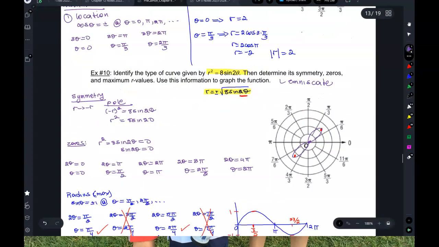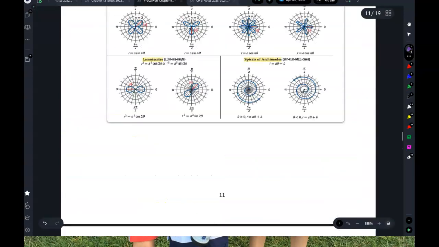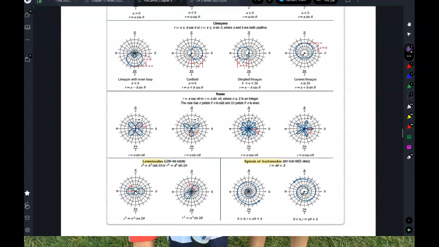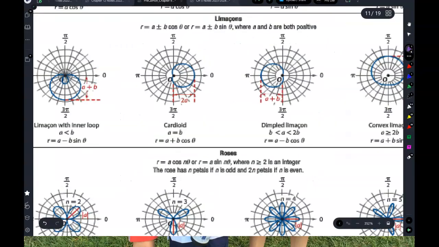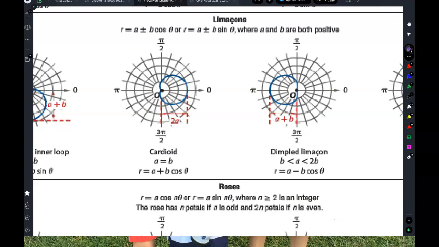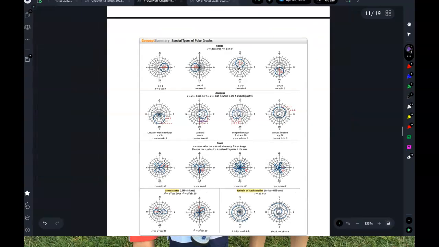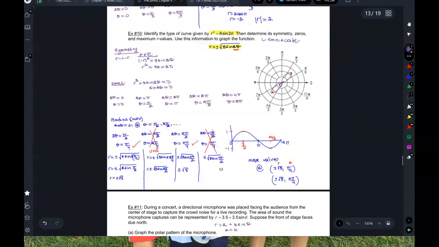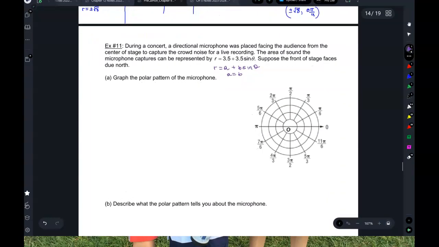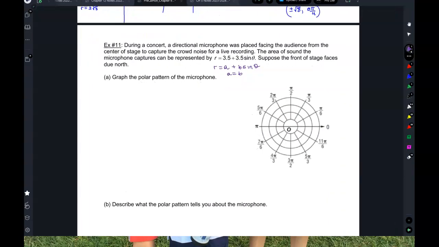Okay, the farthest it goes, take a look here. Take a look at the cardioids. So this distance is 2a, right? So it would go out 7 units. If I go like this, it's 0, 2, 4, 6, 8.